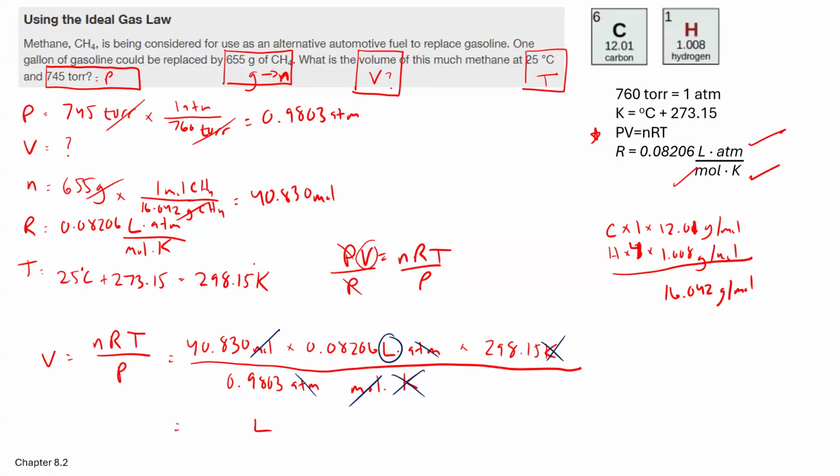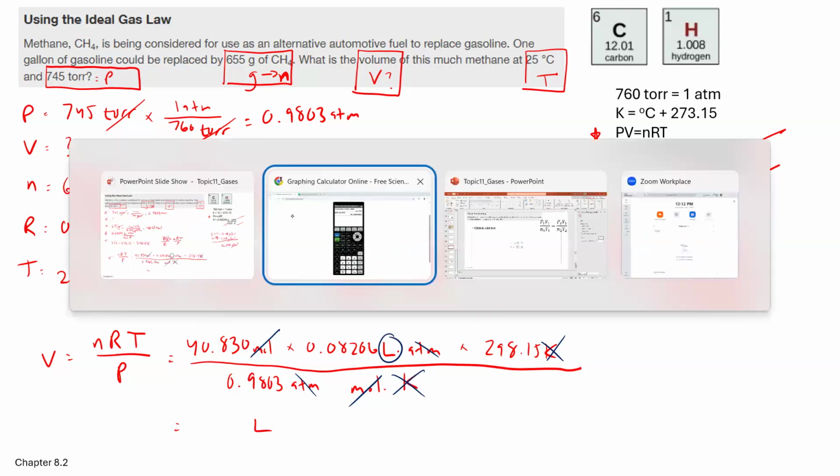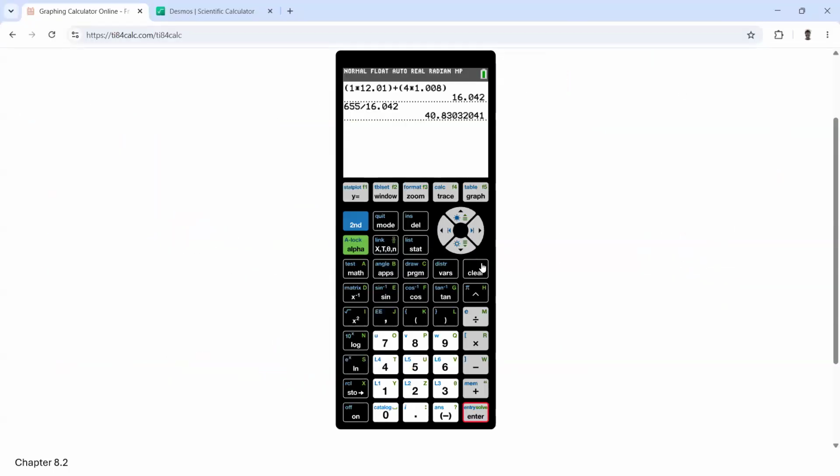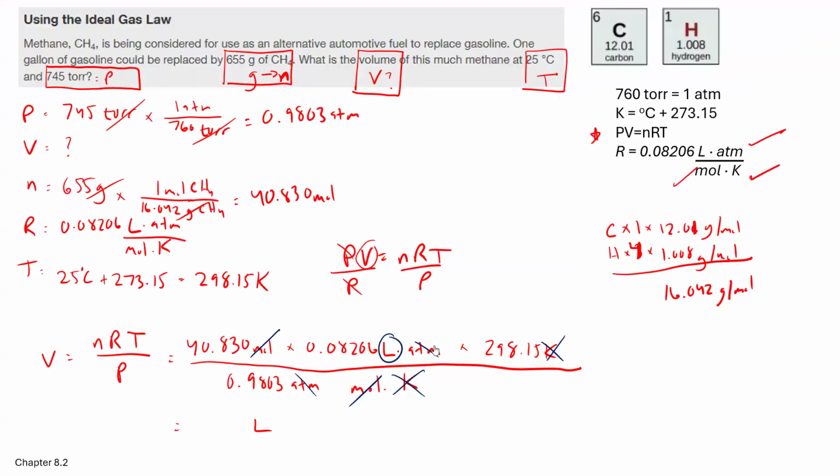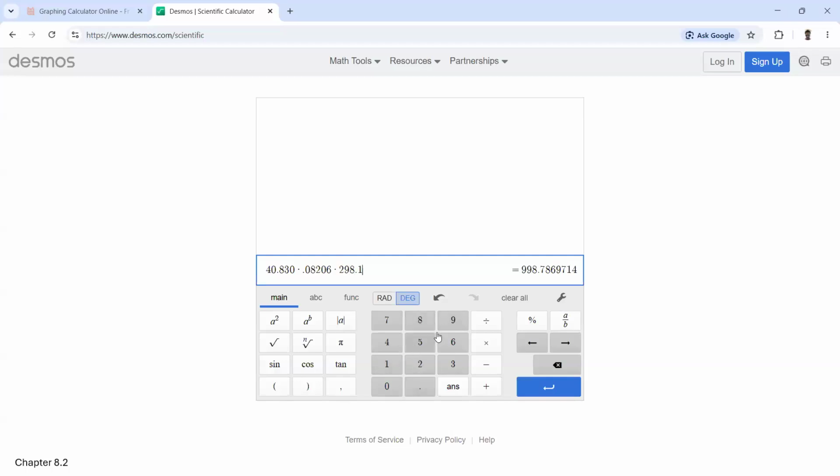All right, now it's a bunch of math. Clear. 40.830 times 0.08206 times 298.15 divided by, what's our bit? Let's put all this in parentheses.